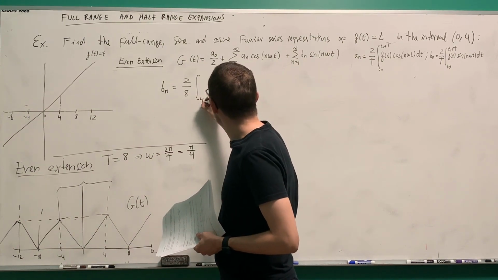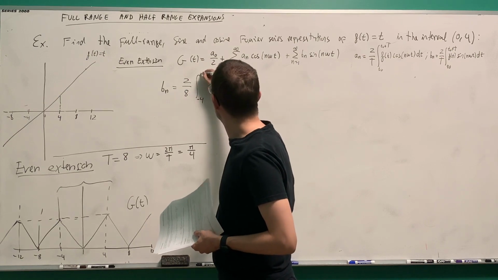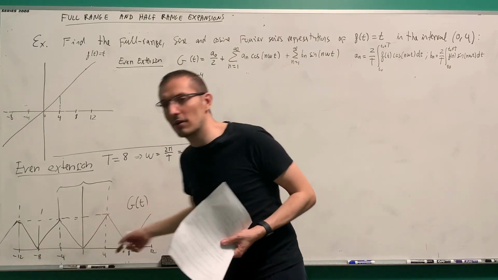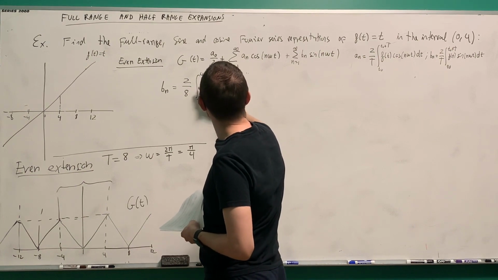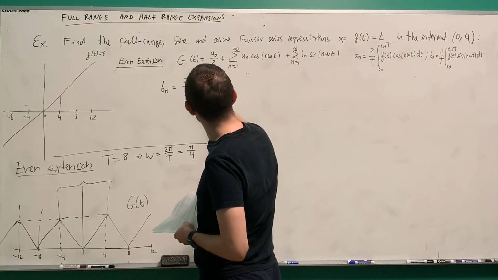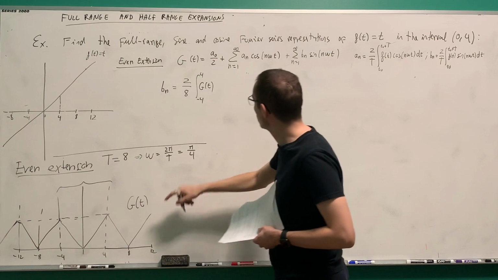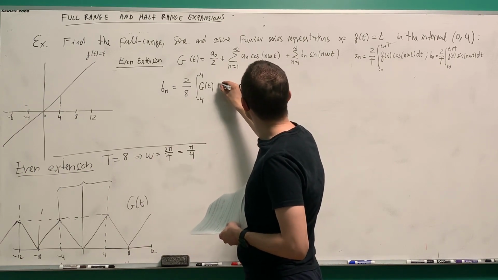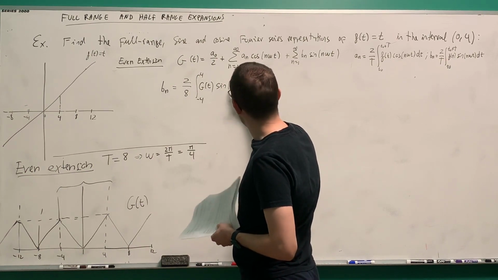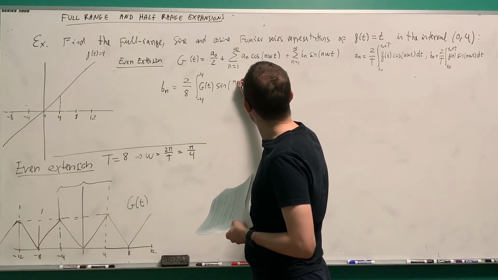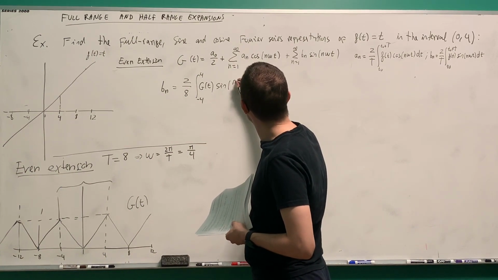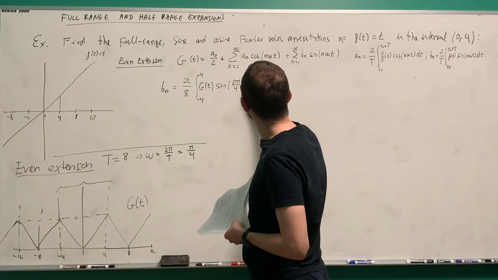That is -4 plus 8, which is the period, so it's one full period. You just need to pick one full period, okay? And this is dt, and this is capital G of t, times the sine of n omega t, with omega being pi over 4 in this case, so n pi over 4 t.